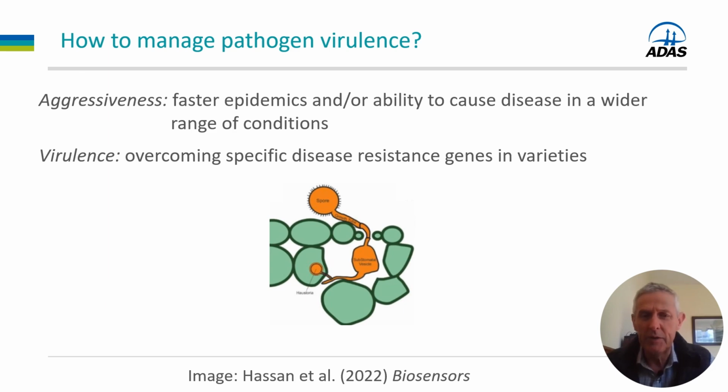The way they're able to do that is to mutate in a way that means the resistance genes in the plant aren't able to recognize that the plant is under attack by a pathogen spore, and therefore the resistance response doesn't kick in, or at least the resistance response is delayed.